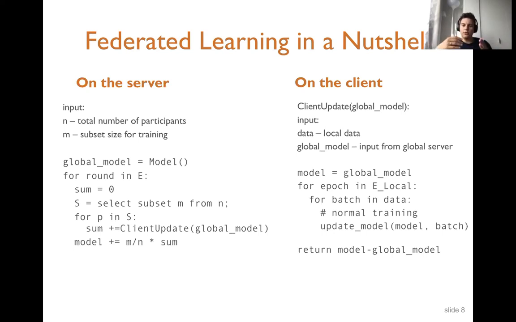So you don't really want to run too many epochs locally. But then you run this model with some learning rate and batch size, and then you send a difference, or update, with the global model. In some sense, it could be seen as a gradient in normal training, but in fact, it's just a difference from the global model.